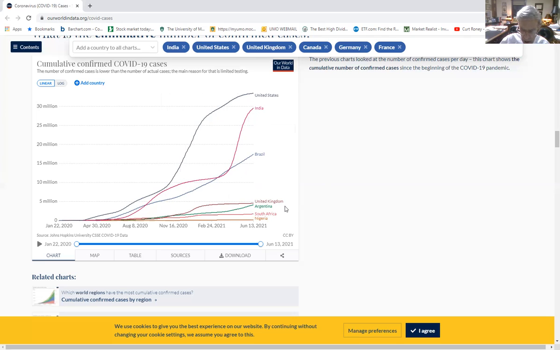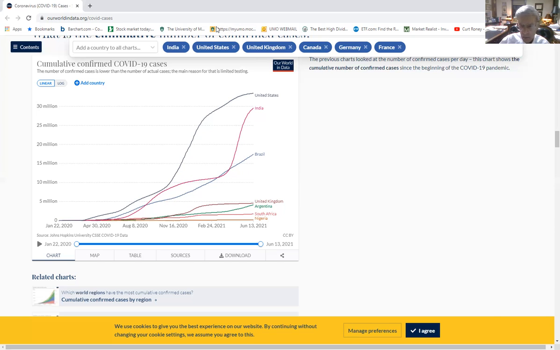So it is possible that Argentina is down here somewhere at the very beginning of the curve. And if that's true, Argentina will be the next big coronavirus growth country. That's conjectural, and we'll have to see how it goes. But in our next video, we'll be looking at Argentina a little more specifically.